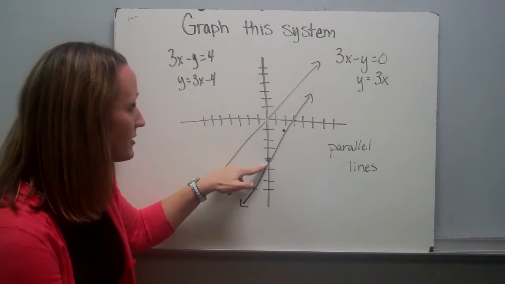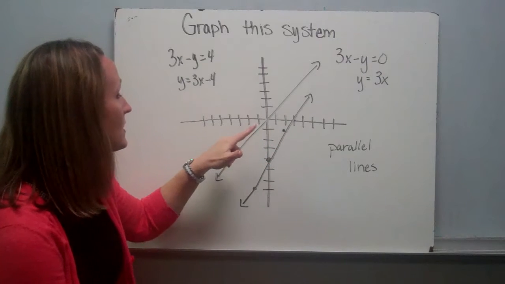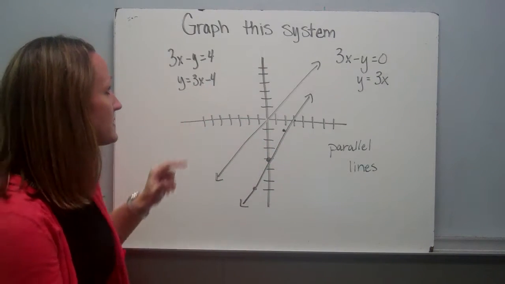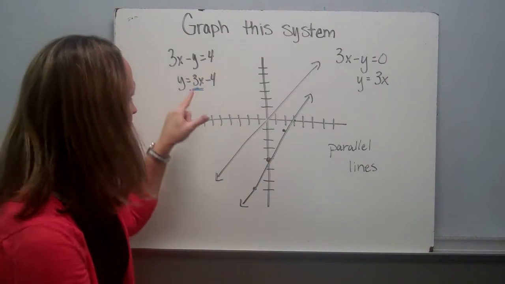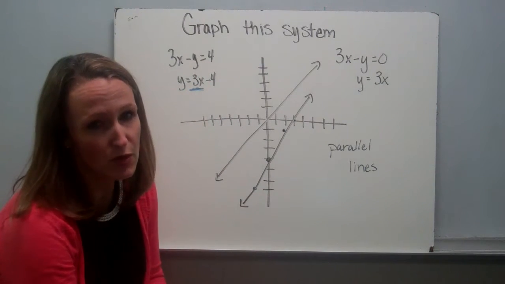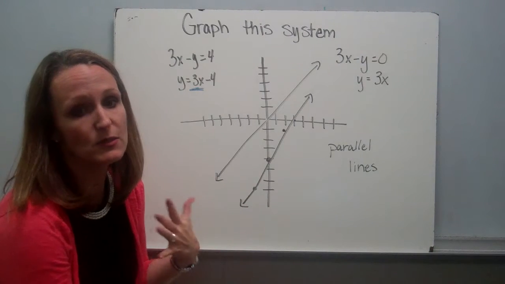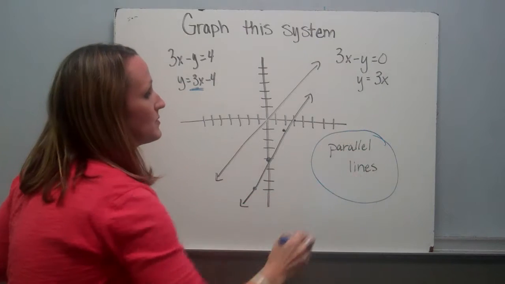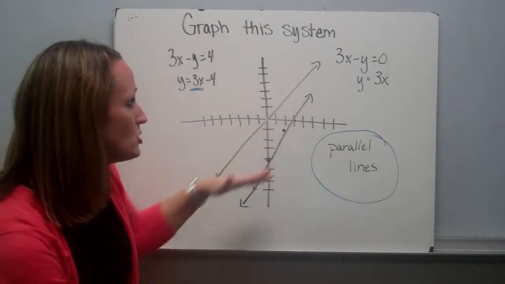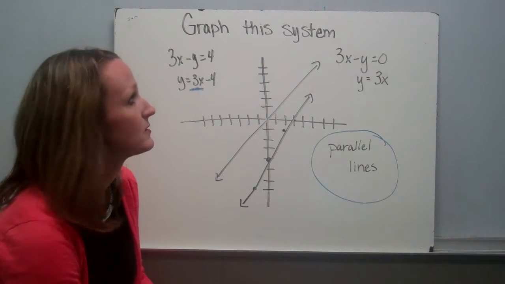The other one came down here to -4, then went up 3 over 1. So we have two lines with the same slope, but different y-intercepts. You should have known right away, same slope, two different lines, what does that mean? You should have known without doing anything, these lines are going to be parallel. So you should have two parallel lines graphed.